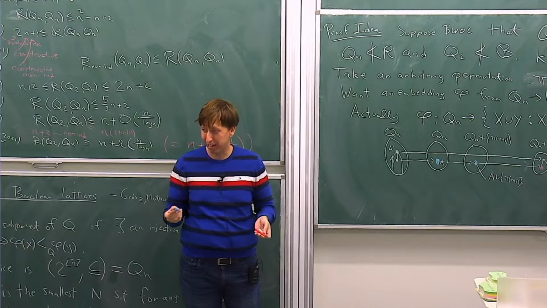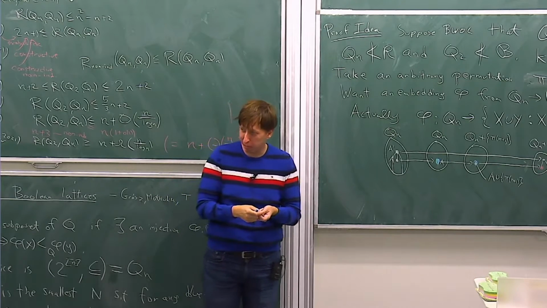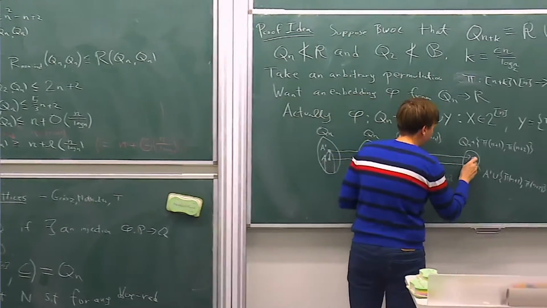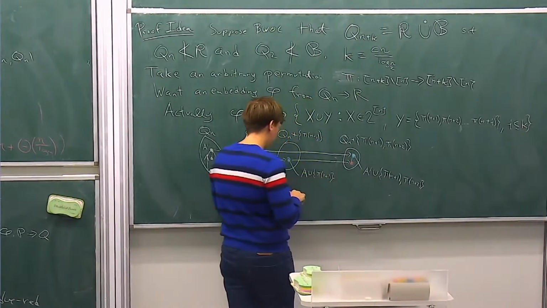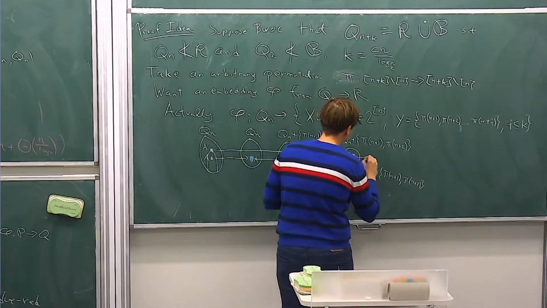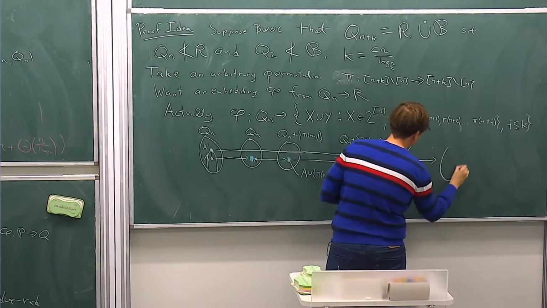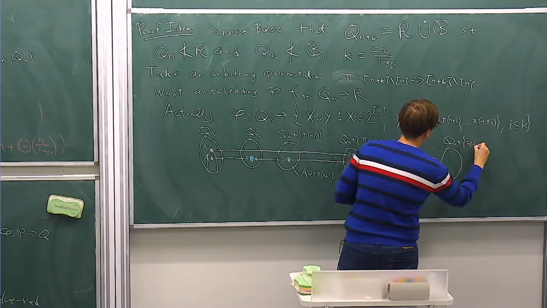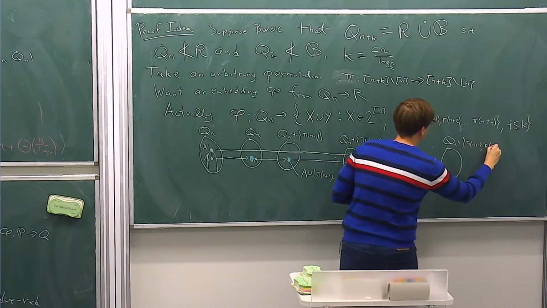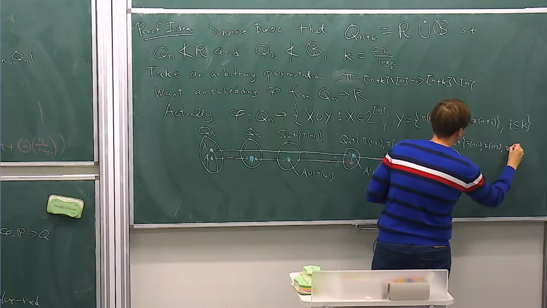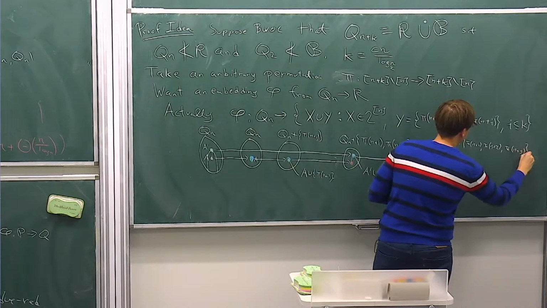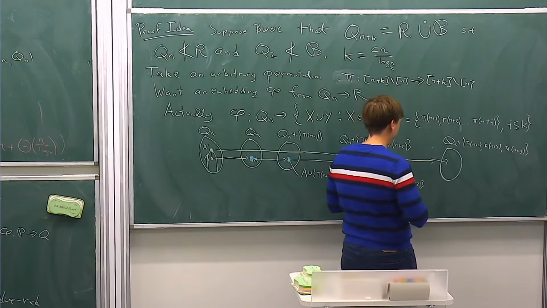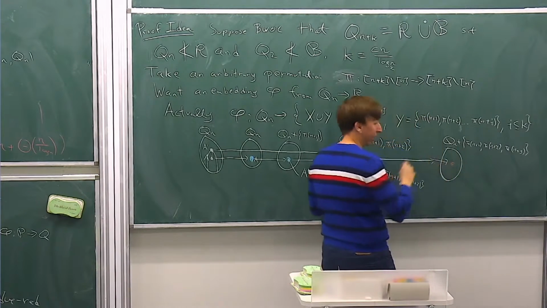Again, I'm trying to construct an embedding of Qn into the red sets. So maybe I hit a blue set here, which means I have to go one step further to Qn plus pi n plus 1, pi n plus 2, pi n plus 3. So I have to go one step further, and then maybe here I'm lucky and I hit a red set.